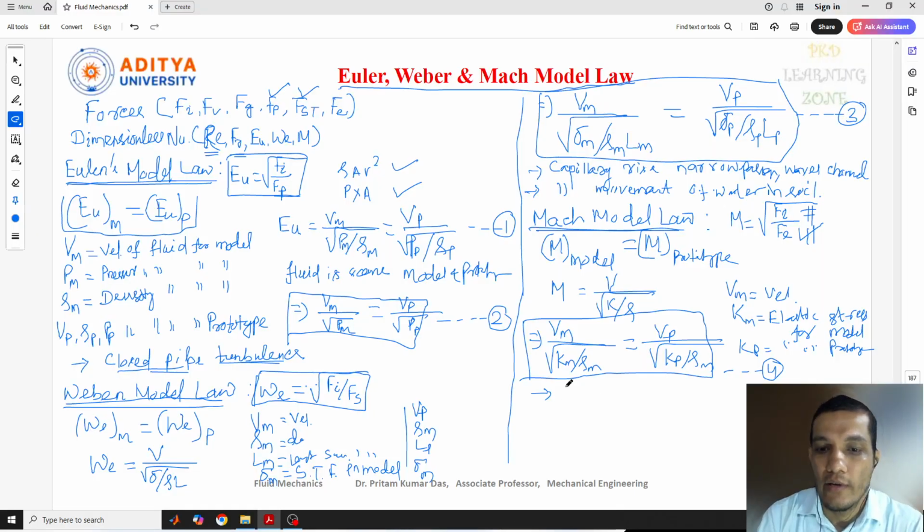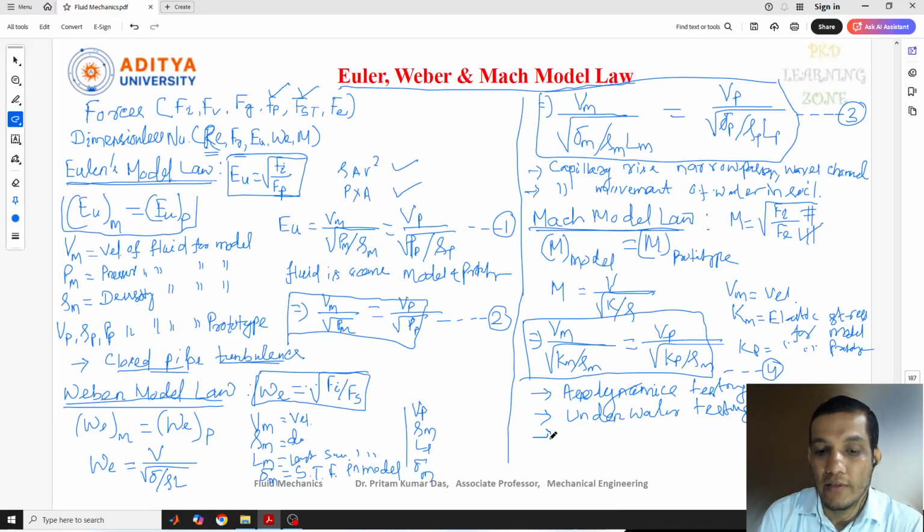So this will be used for aerodynamics testing. Apart from this, it will also be used for underwater testing of prototypes, or you can say torpedoes.